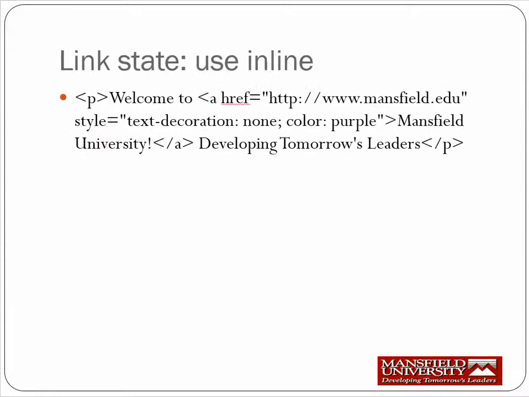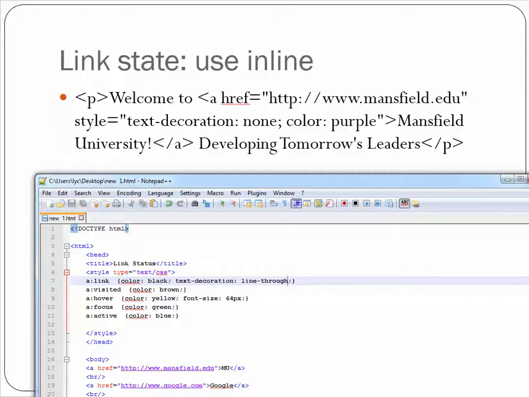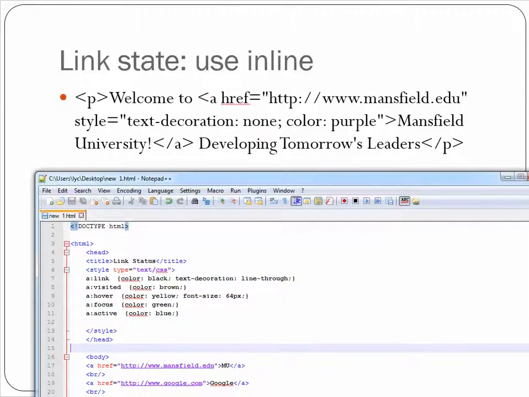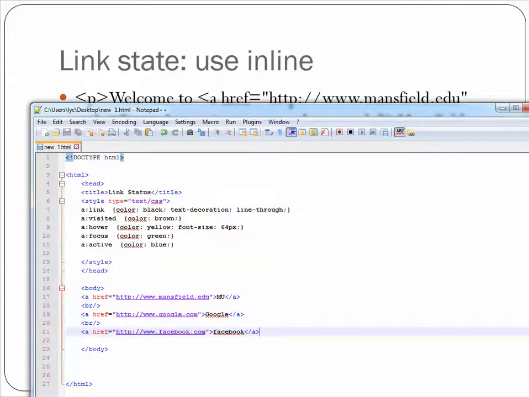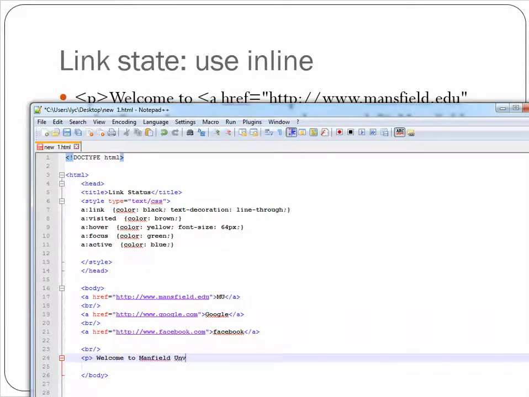Finally, we want to learn how to change the style using inline. Remember what it means to use inline. For example, here we have a paragraph. So we have a break first. Then we have a paragraph. Say, welcome to Mansfield University.